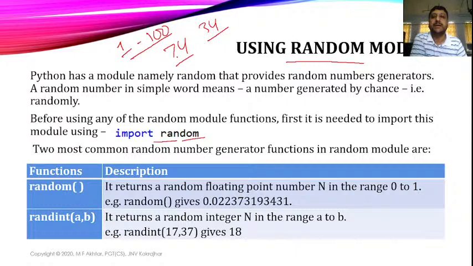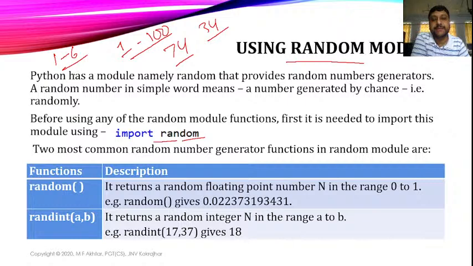Similarly, you have used random numbers many times while playing games; we use them in real life very much. While playing games like Ludo, there is a dice, and that dice has numbers from 1 to 6.